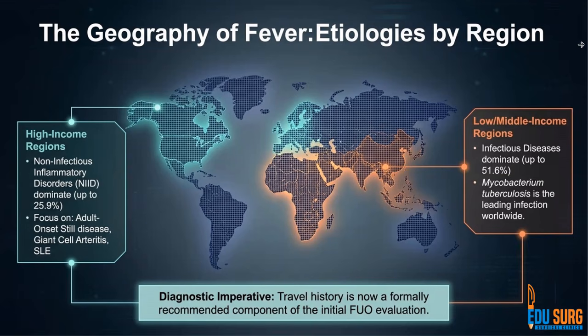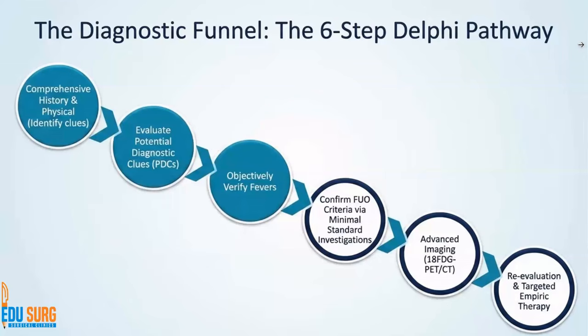The inflammatory disorders or the non infectious disorders dominate in nearly one fourth of the patients, versus in low income region where the infectious disease dominates in nearly half of them, with tuberculosis being the leading infection worldwide. Remember that whenever you are seeing these patients, a very important history is the travel history, because that can give you a clue to different infections that can present in particular areas.